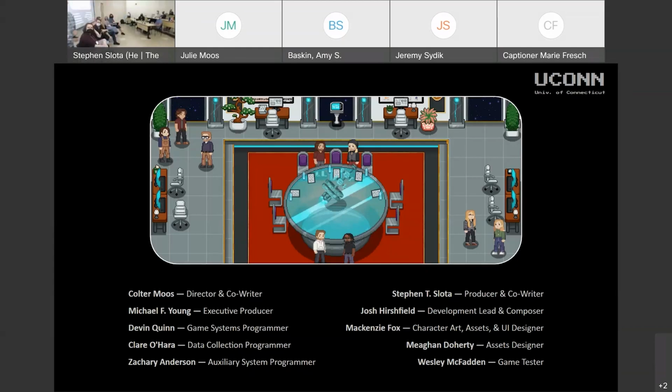I think most of you recognize my mask at this point. My job on this is interesting. It's the first time I've ever been the producer of a game as opposed to managing the process. Because I worked in instructional design before I became a professor of games and play, I had a lot of experience navigating needs analyses and doing the basic legwork of design and development. And so that's what I was most comfortable with. This is the first time I've taken on the role of finding money and getting people through HR and all of the other things that come with being the administrative portion of the team.